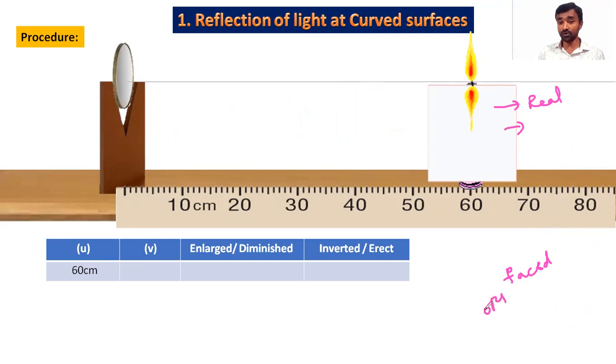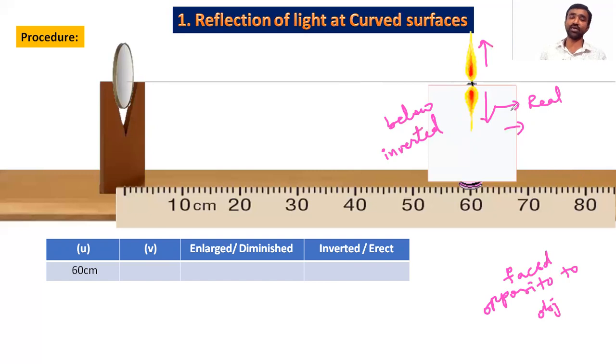Faced opposite to the object. Here it is faced below the principal axis. The object is above, the image is below the principal axis. So if it is faced opposite, we can use one word. What is that? Inverted image. Very good. So you got the characteristics of the image obtained in this case. We have to note that down in the table.